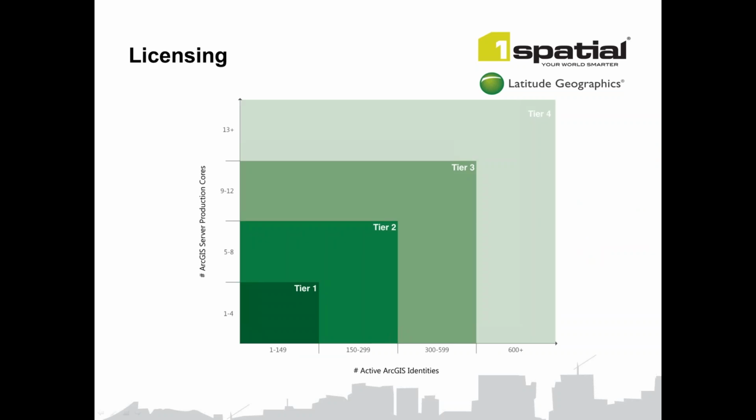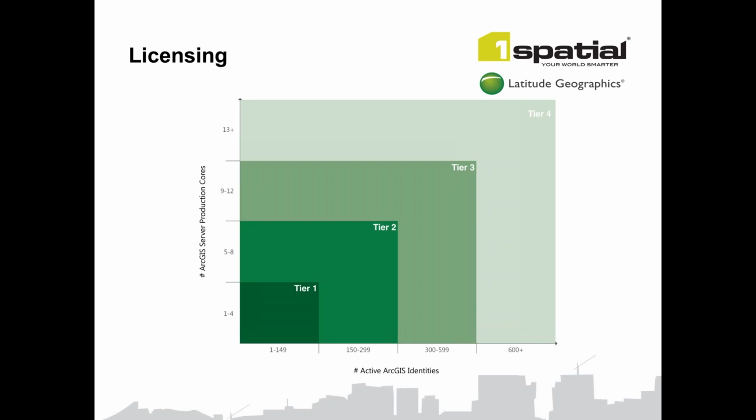And you might see a slide here, I've got them in the wrong order really, but we've got a licensing slide to try and explain how you might license the application. It's licensed on a tier basis, and it's licensed on your number of active ArcGIS identities, or your number of ArcGIS cores.